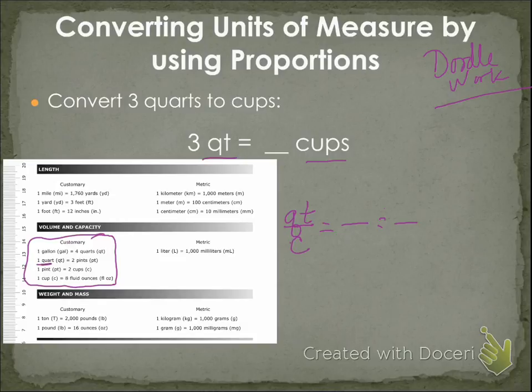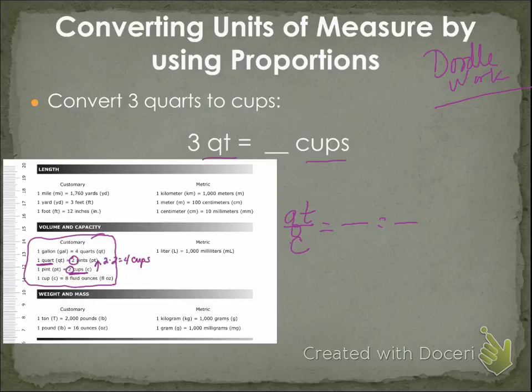We know we need to go from quarts to cups. So I need to take this and figure out how many cups would be in a quart. All I have to do is multiply up. I have 2 quarts, 2 pints, 2 times 2 equals 4. So I know then that 1 quart equals 4 cups.